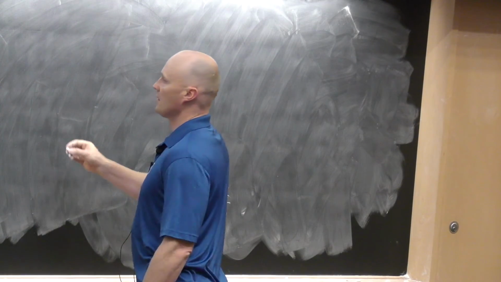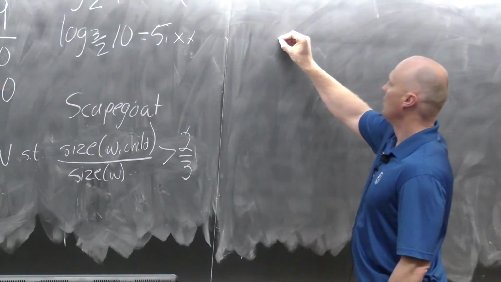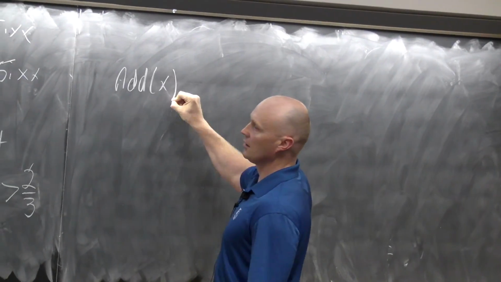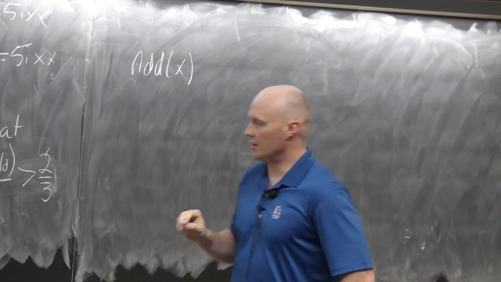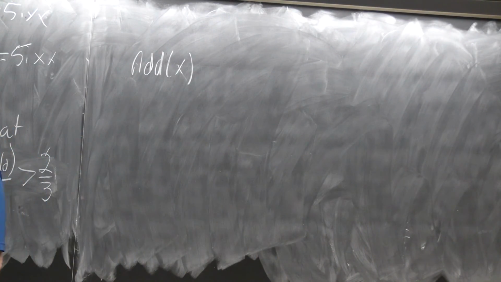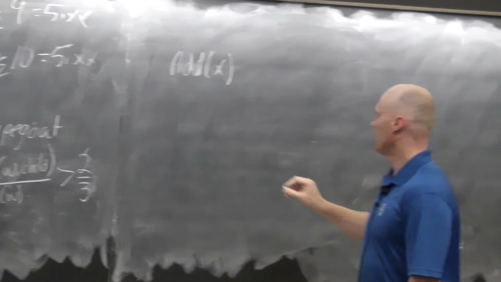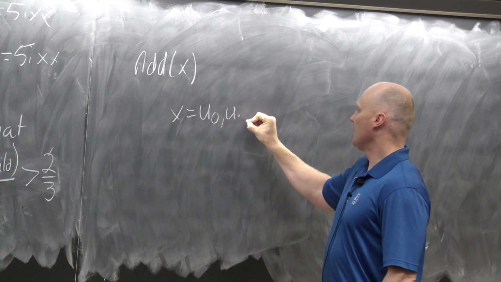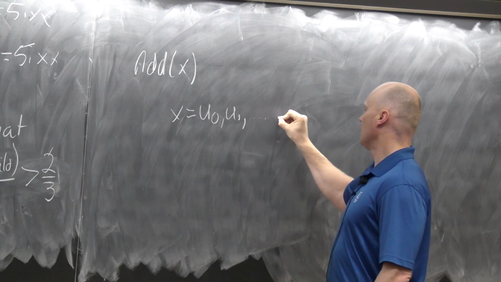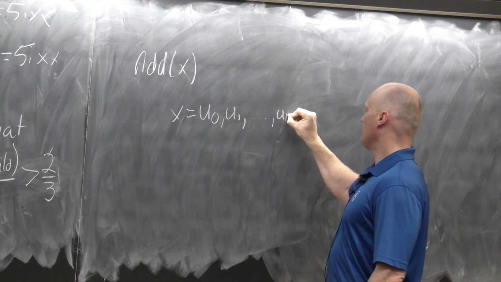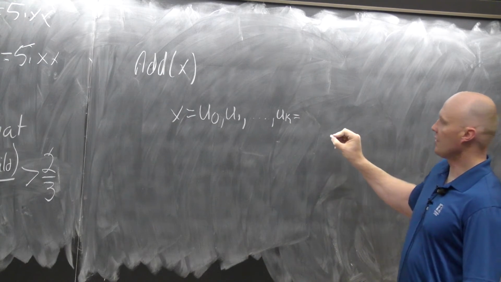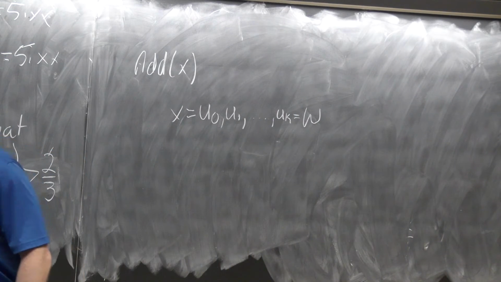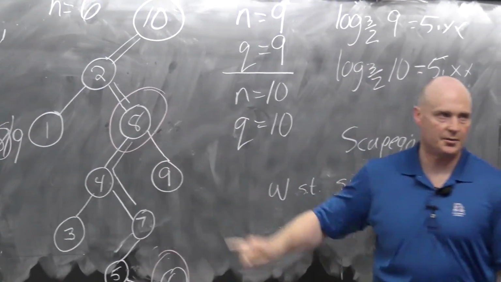So we call add x, and here we'll call x equal to u0, u1, up to uk, which is equal to our scapegoat, which we will call w. So these are all the nodes along this path from the node that we added up to the scapegoat w.